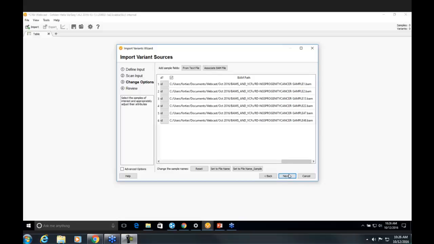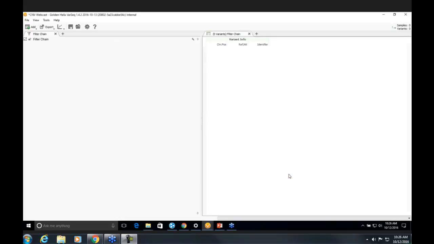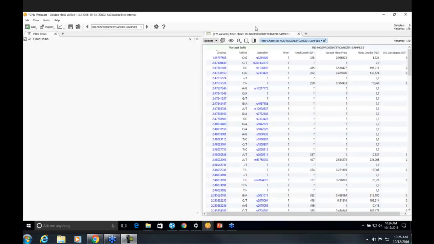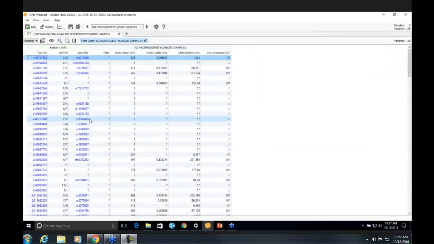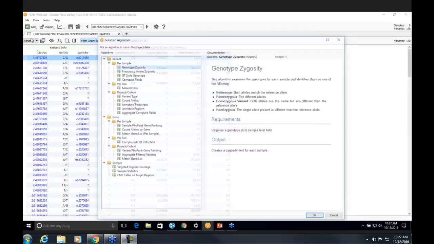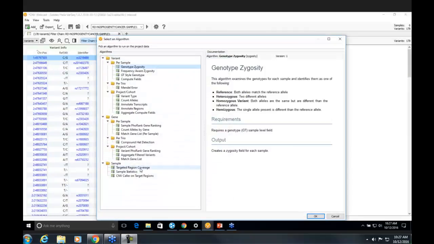Here, as you can see on the right, I click Next, click Finish. And now VarSeq has imported all of our variants. And so we can go ahead and hide our filter chain. And we can go ahead and compute coverage over our samples. So we'll select Target Region Coverage.